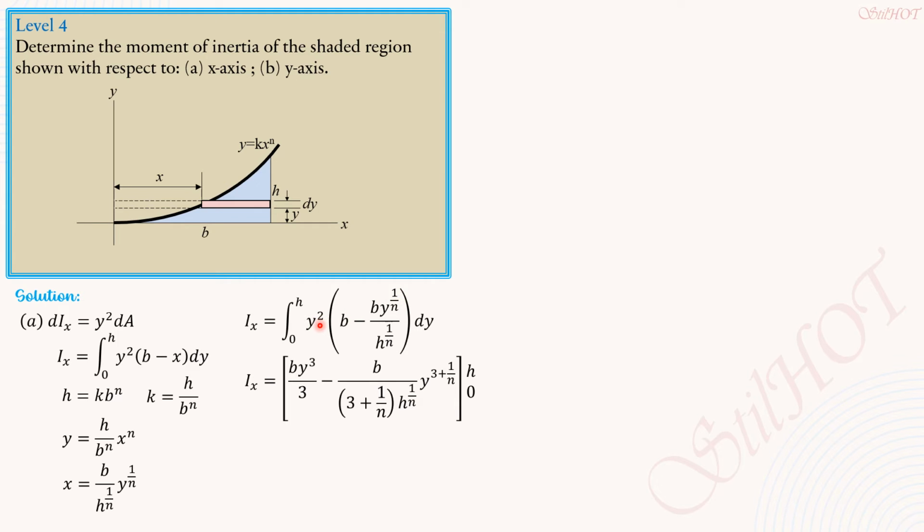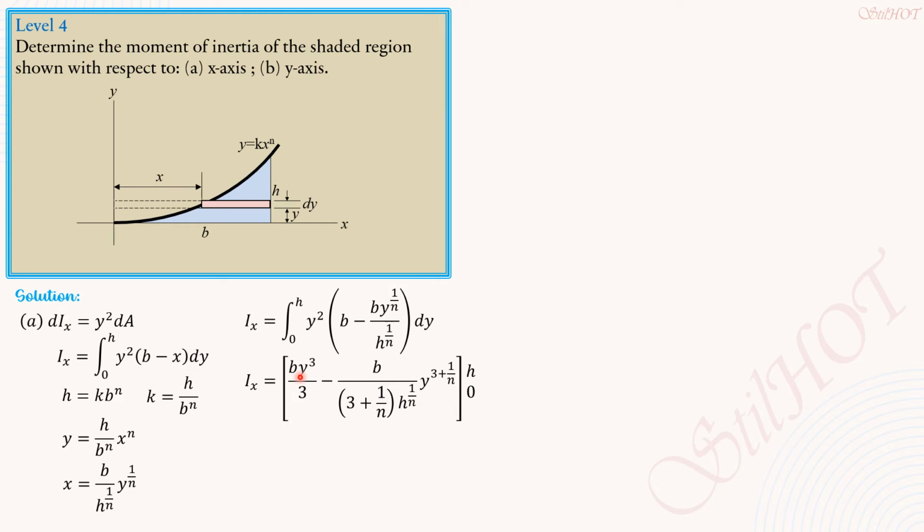This is the power after we integrate. So again, integral of y to the quantity 2 plus 1 over n. By power formula, it becomes y to the 2 plus 1, so 3 plus 1 over n, over 3 plus 1 over n. Then we just copy the constant b over h to the 1 over n. So limit 0 to h.